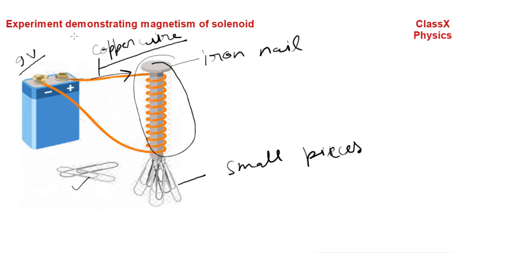It is a very cheap, very easy experiment which can be done at home, but carefully, only with the 9-volt battery, which is in this shape, very small, which is safe to use. So it will produce magnetism and attract the pieces of iron which are kept on the ground. So a solenoid produces magnetism. It has been proven by this experiment.